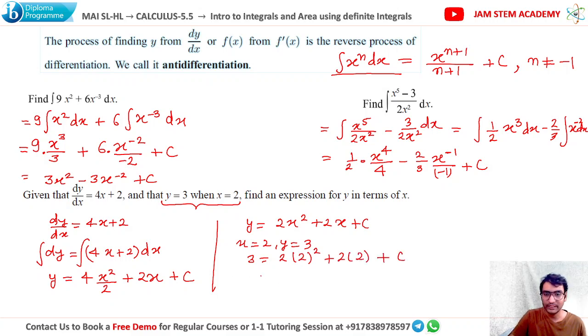So we will get the c value from here: this is 8 plus 4, 12, minus 3 gives 9, so negative 9. Okay, and therefore the equation of the curve is y equals 2x squared plus 2x minus 9. That's the answer.